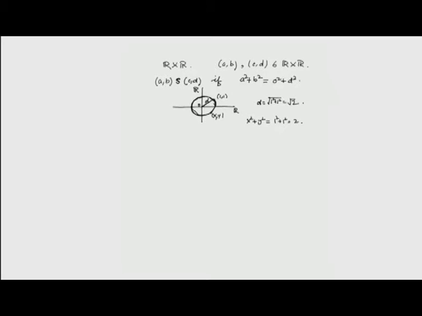If we consider any other point, let us say (a, b), all the elements related to (a, b) will lie on the circle around the origin O.